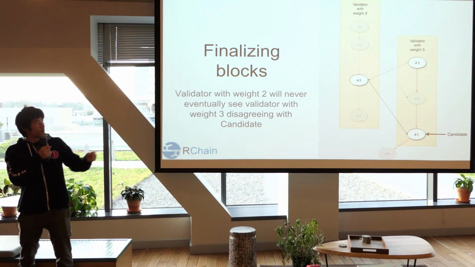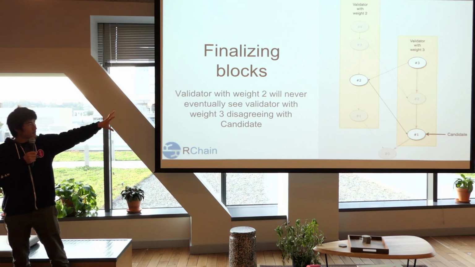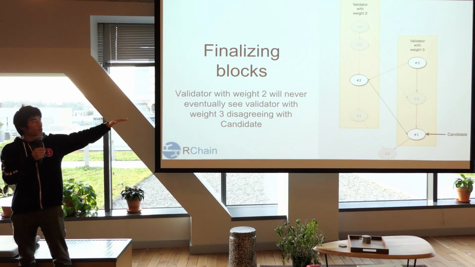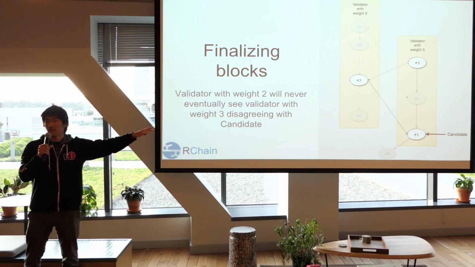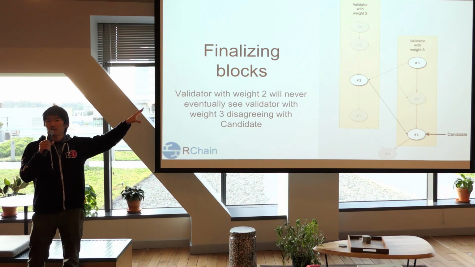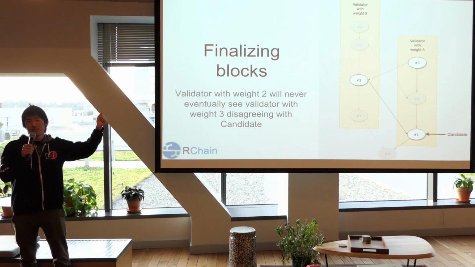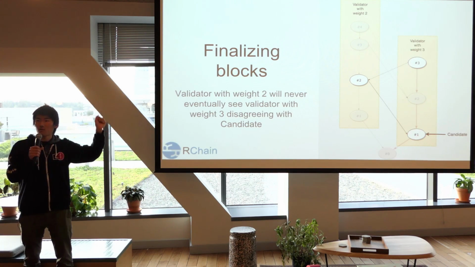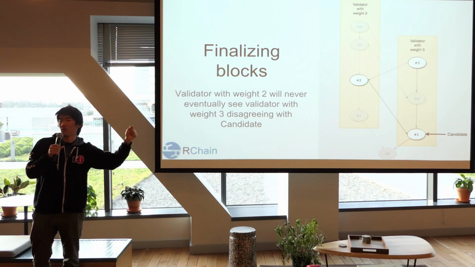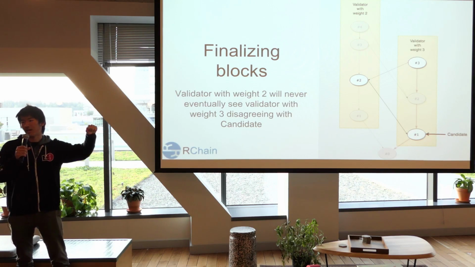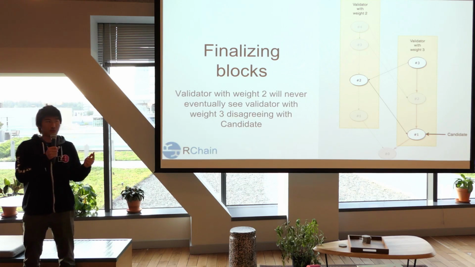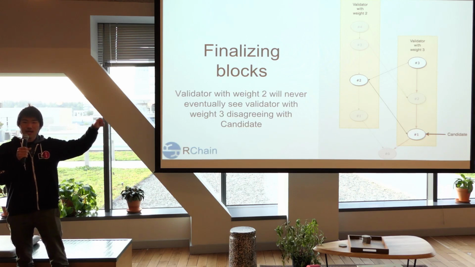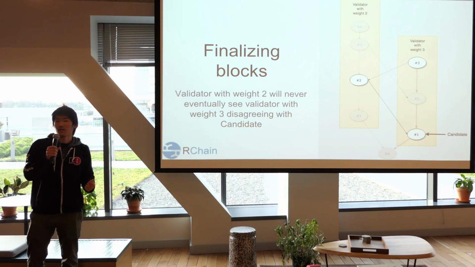I've highlighted these 3 circles because we want to start from the number 2 block that's not highlighted, the one the validator with weight 2 saw as the latest block from the validator with weight 3. We want to look at all the blocks above that. In this case, there's only one, the top right block, number 3. We want to see that it agrees with the estimate, and it indeed does.